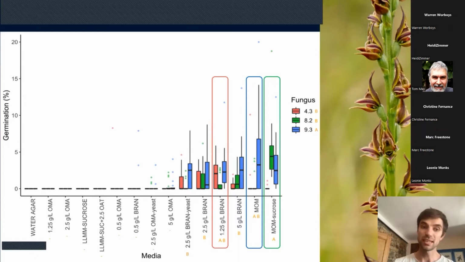And if you're doing a translocation project, it's possibly quite important to retain this diversity in the mycorrhizal fungi that you've used to grow your orchids with.